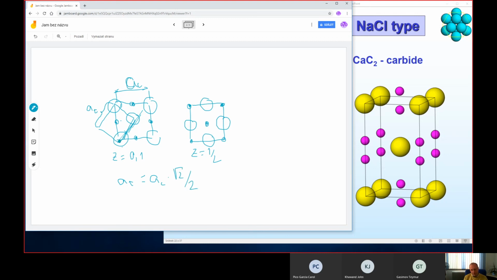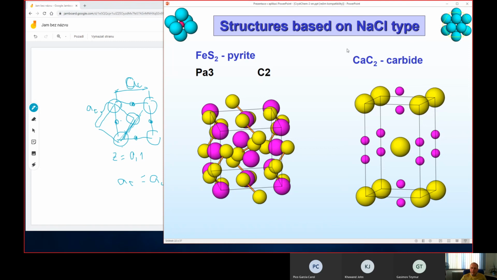And the C parameter would be the same, or not the same, compared to the ideal cubic lattice. It would be elongated because of placing this dimer here. Okay, so this is calcium dicarbide.